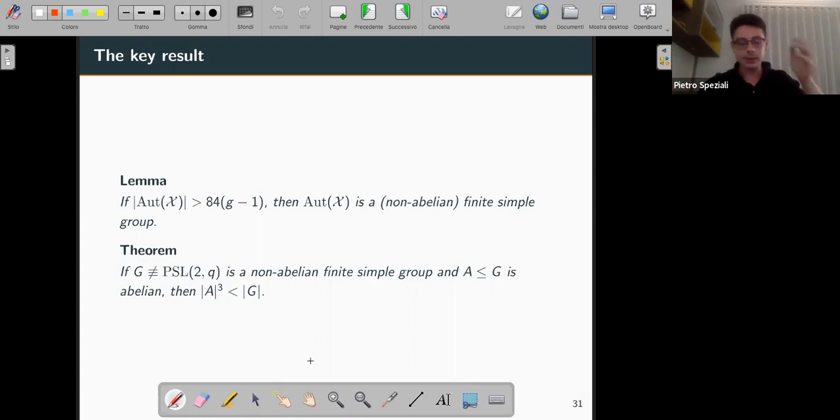But then fortunately for me, well, too late maybe, we stepped on this wonderful result by Herzog, which tells you that if you have a non-abelian finite simple group G and an abelian subgroup A of this group, if G is not PSL(2,q), then the size of A to the cube is smaller than the size of G. So you say, okay, but what's the point?